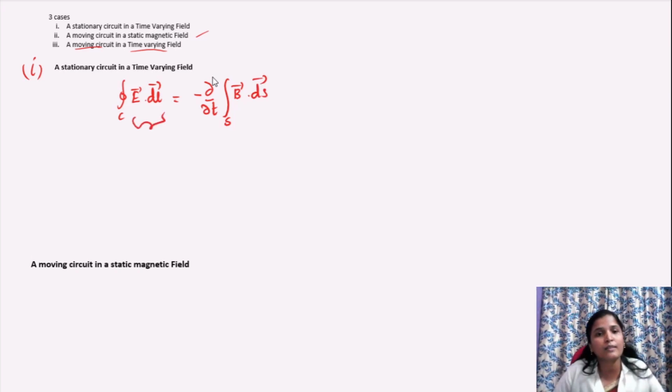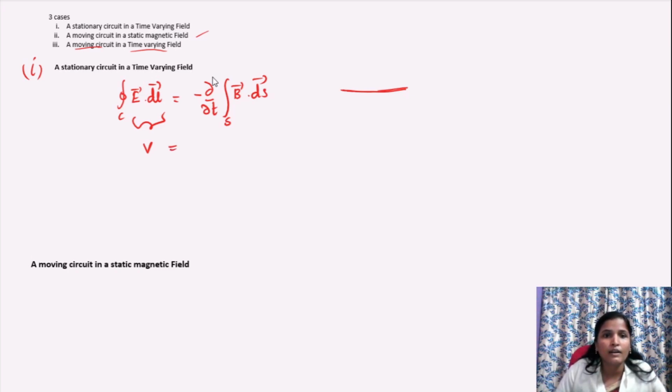The electric field intensity is the electric field over a particular length. So let's take a circuit or a conductor. Over this particular length we have some electric field. If we measure all those things, what we get is a voltage or potential difference, or we can say it is EMF or induced EMF.